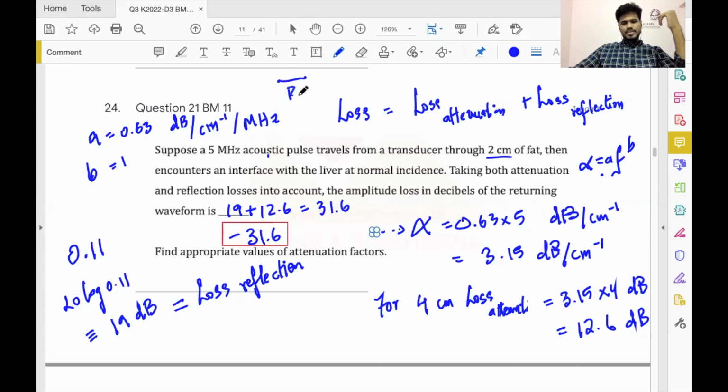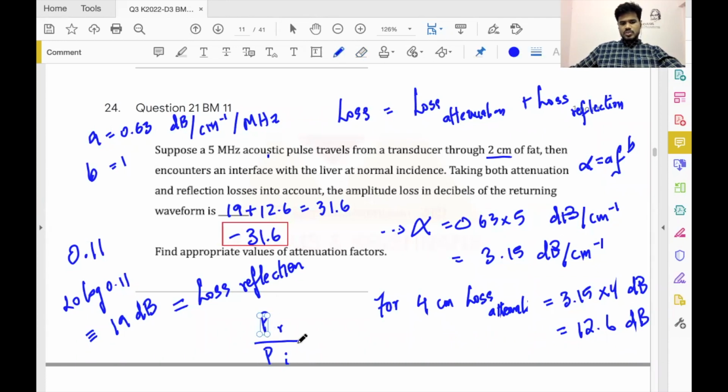Let's look again at what this 0.11 is. Something was incident, that is the incident amplitude. Only a part of that got reflected back. And in fact, this is a pressure wave, so this is PR by PA.